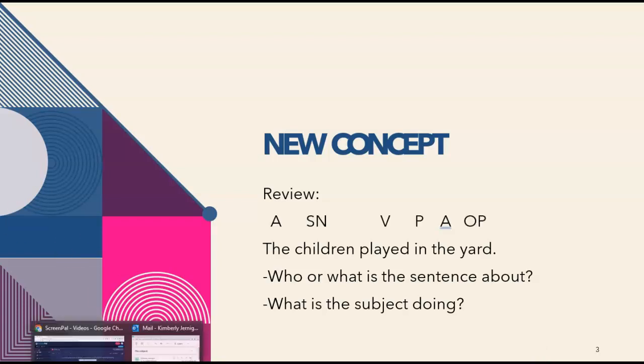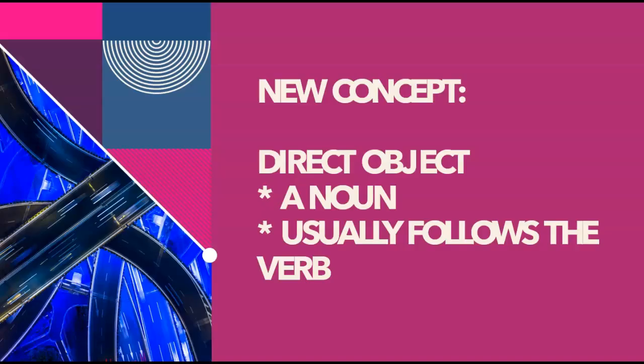Now I've placed the subject noun and the verb up here for you, but I've also put the other pieces that you know, the article adjective, and then our prepositional phrase pieces, that you are very comfortable with. But this is Unit 1, and we are going to move on to Unit 2. And Unit 2 does introduce a new concept. It introduces the direct object, which is also a noun.